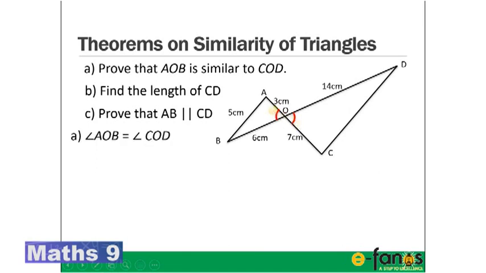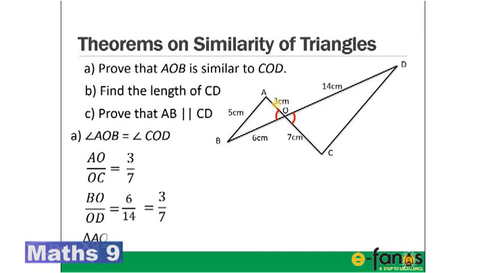So we can see that angle AOB is equal to angle COD, and we can now test if the ratios are the same for the two triangles. So if we test AO over OC, which is 3 over 7, and BO over OD, which is 6 over 14, then we can say that 6 over 14 is equal to 3 over 7. So they have the same ratios, so the two triangles are similar by SAS.